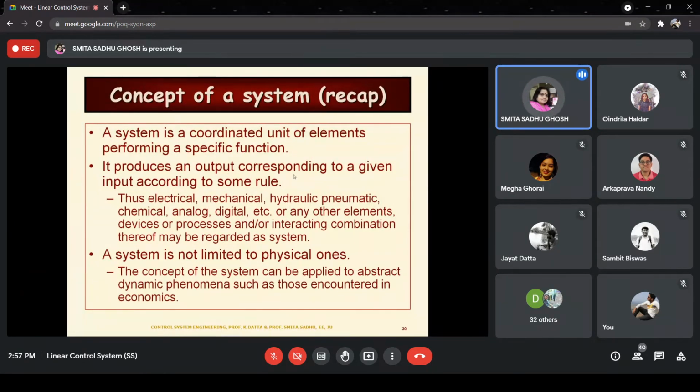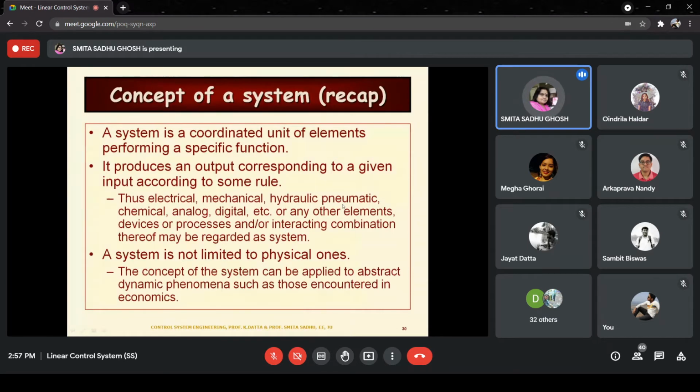Now it produces an output corresponding to a given input according to some rule. So as far as the system is concerned, the system may be physically an electrical system, or a mechanical system, a hydraulic system, pneumatic system, chemical system, analog or digital, or any other elements, devices, or processes, or interacting combination thereof, together would be considered as a system.